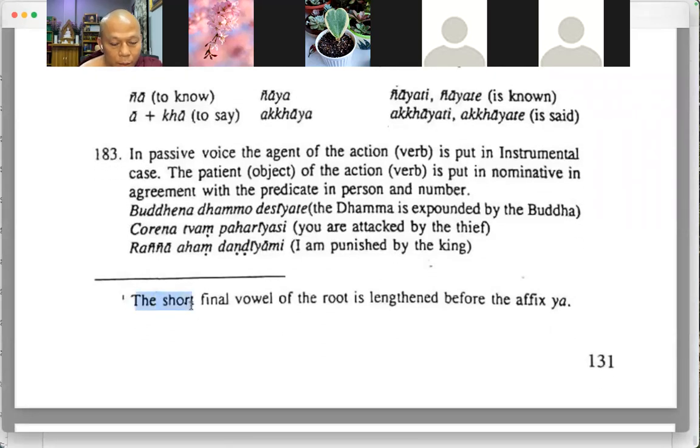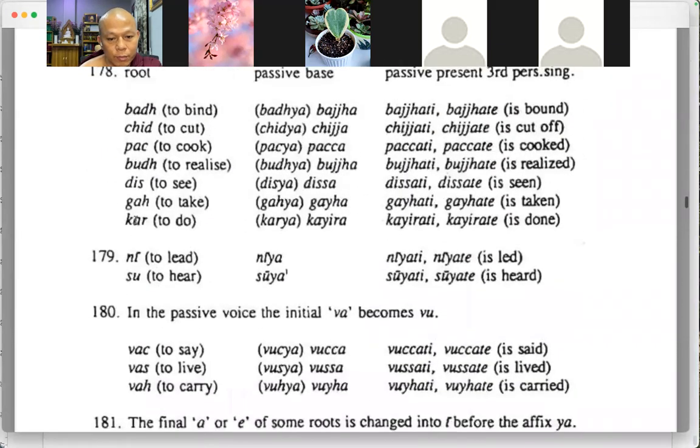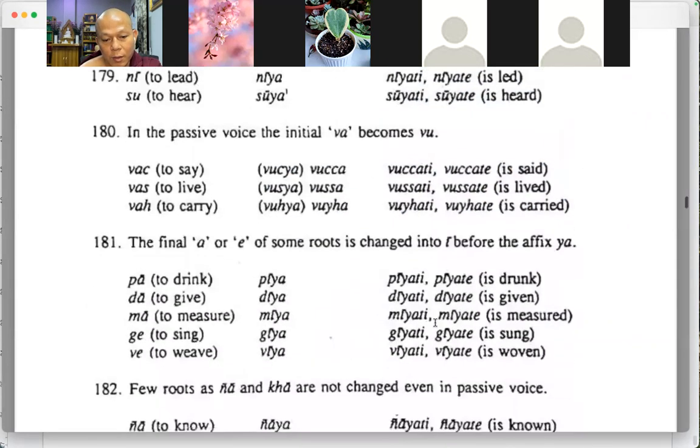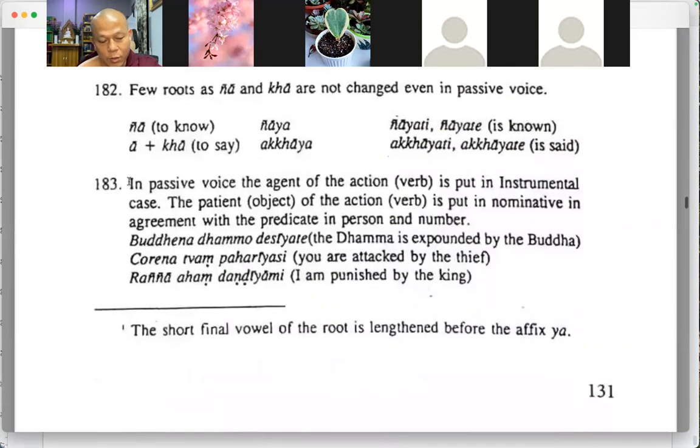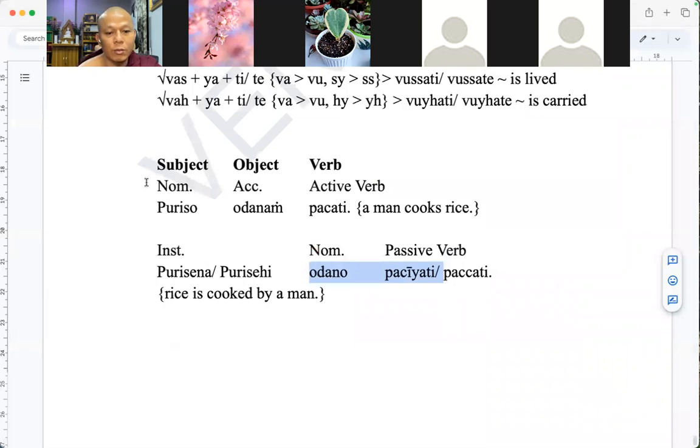So the short final vowel of the root is lengthened before ya. That is referring to the root su. Here root su, yeah, becomes long in this way. So that is in this structure, you need to know that.